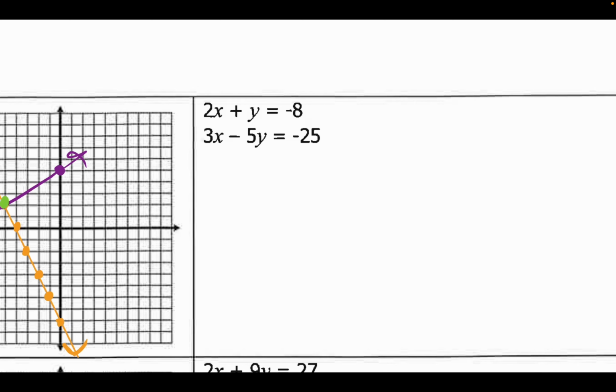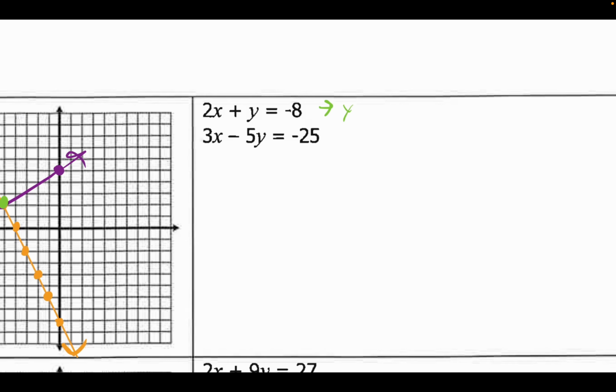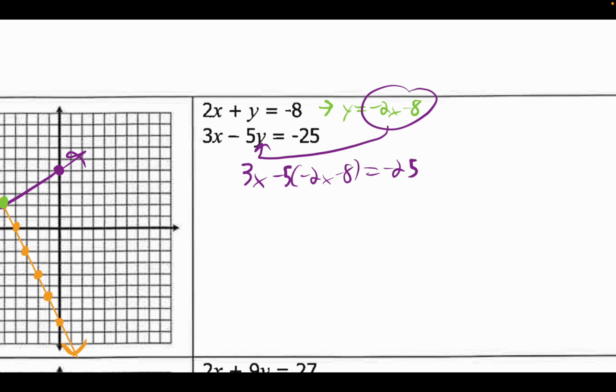Over here for substitution, we want to get this y solved for. To solve for y, we already know that it would be y equals negative 2x minus 8 like we saw on graphing. I now plug this in to the other equation for y. I get 3x minus 5 times negative 2x minus 8 equals negative 25. Distribute my negative 5, and I get 3x plus 10x plus 40 equals negative 25.